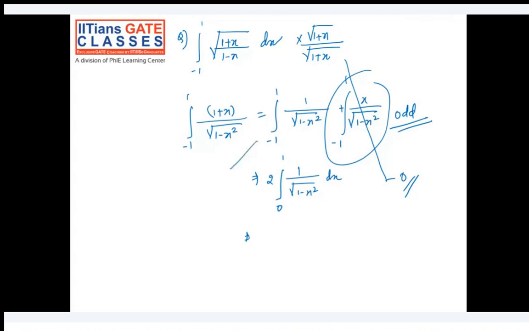And integration of 1 upon under root 1 minus x square is sine inverse of x. So 2 times sine inverse of x from 0 to 1. Sine inverse of 1 is pi by 2. Sine inverse of 0 is 0. Pi is the answer.